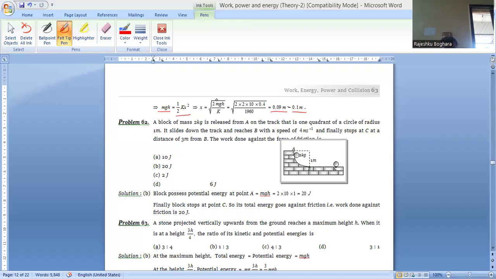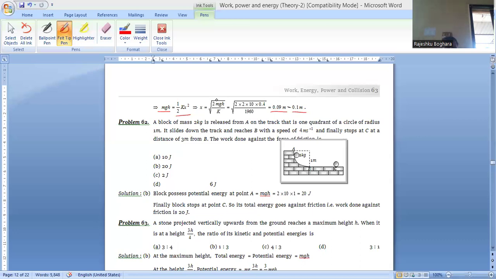Here force is equal to dp by dt. Here speed v, wind speed, is constant. Change in mass means v dm by dt. P is equal to mv, v constant, so v dm by dt, but mass is equal to volume into density.